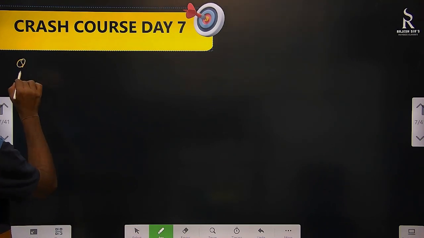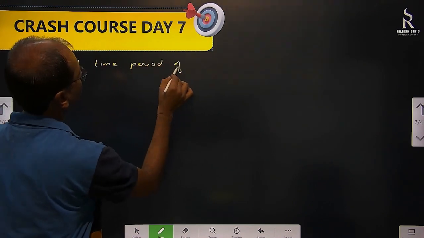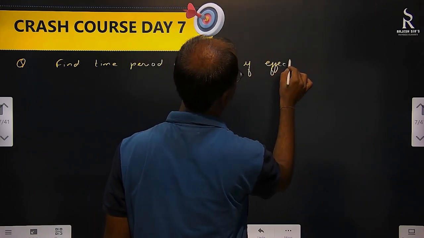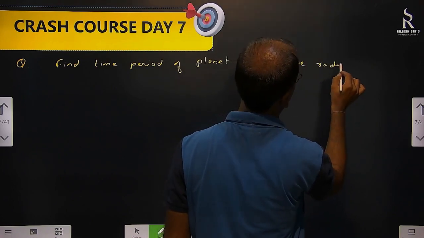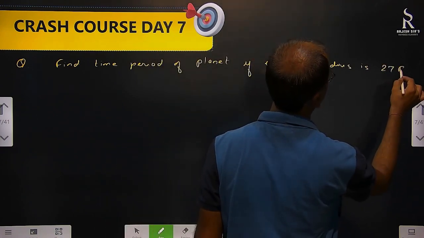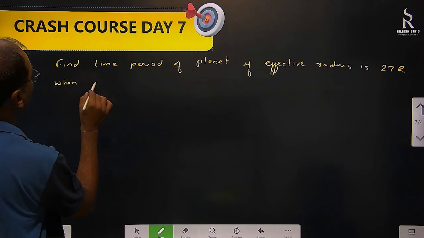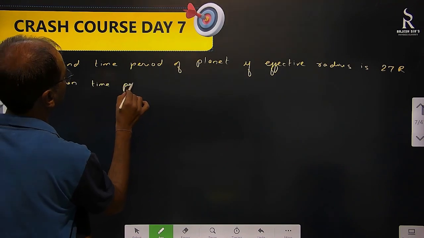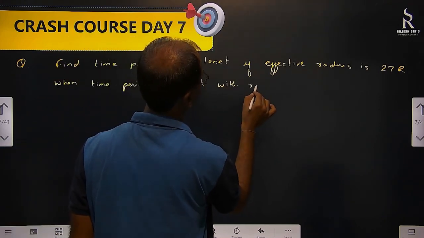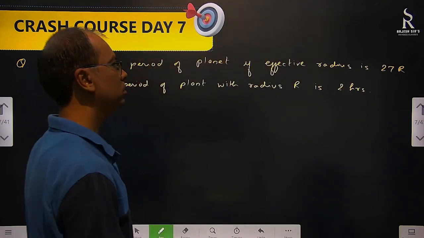It says: find the time period of a planet if the effective radius is 27r, when the time period of a planet with radius r is 2 hours. So this is the question given.